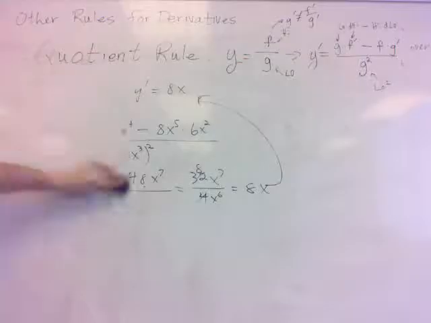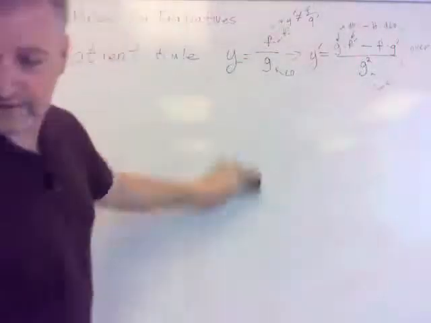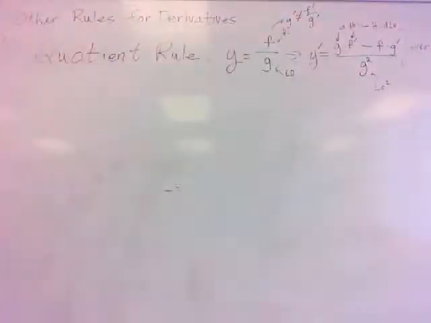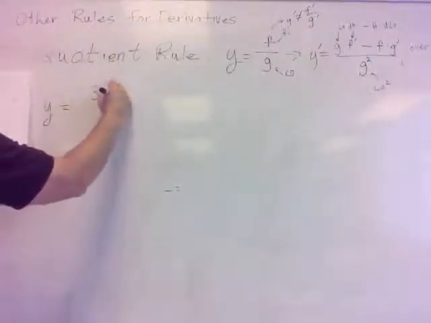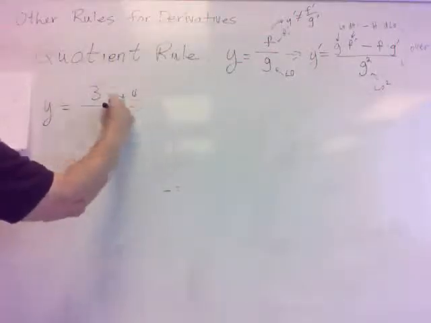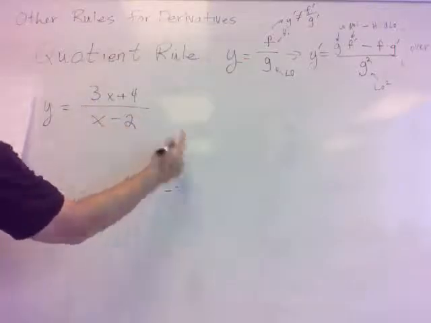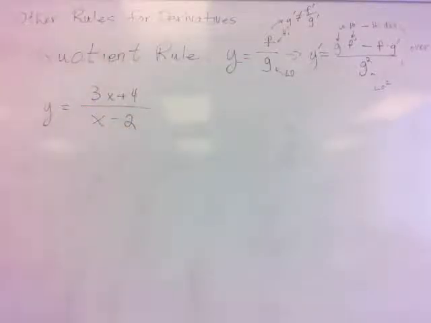Okay, all right, so let's see some uses for this. Let's say we've got y equals (3x plus 4) over (x minus 2). Turns out this one comes out pretty nicely here. But do you see, this is one where I pretty much have to use it.